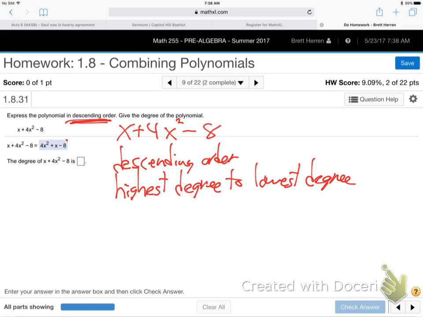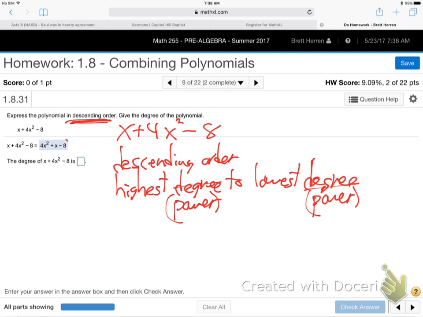Now when they say degree, they really mean power. Highest power to lowest power. That's what degree really means, power.